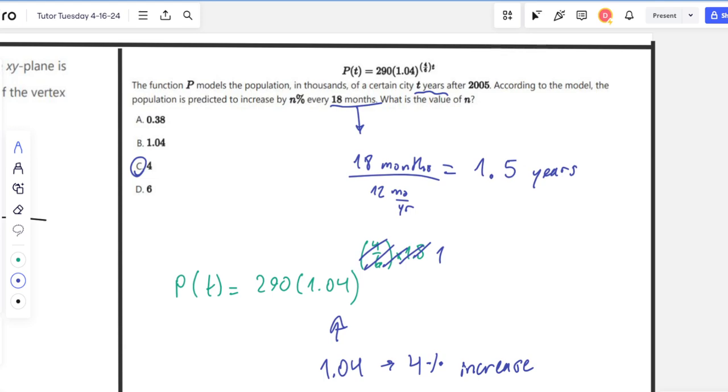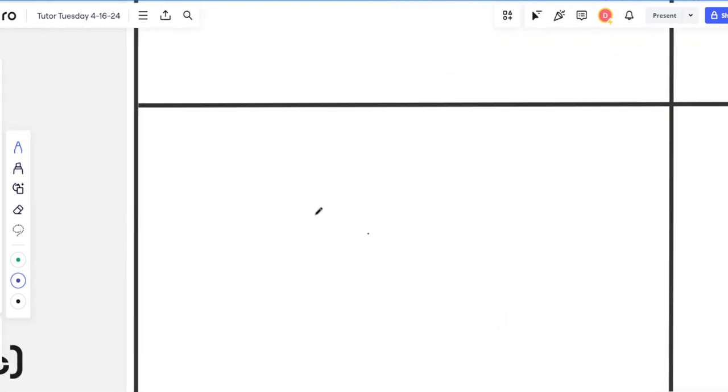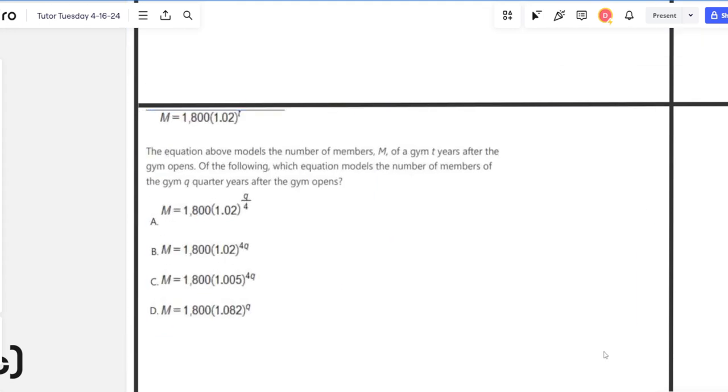We can do a similar kind of exponential equation. Let's put in another one here. The equation above models the number of members, M, of a gym, t years after the gym opens. Of the following, which equation models the number of members of the gym, q quarter years after the gym opens?